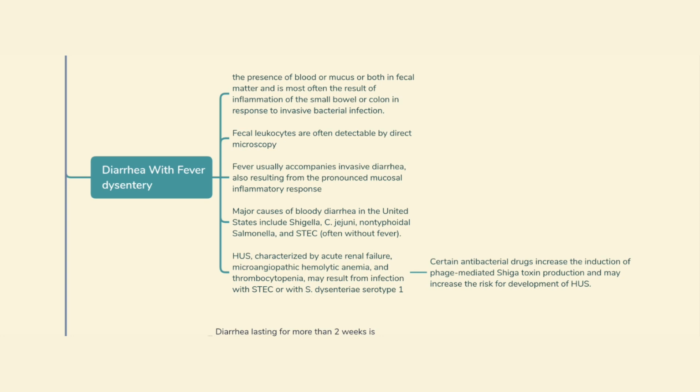So fever usually accompanies invasive diarrhea and results from a pronounced mucosal inflammatory response. The mucosa will be inflamed. Sometimes this mucosa will have blood vessels under it, which will start leaking blood.